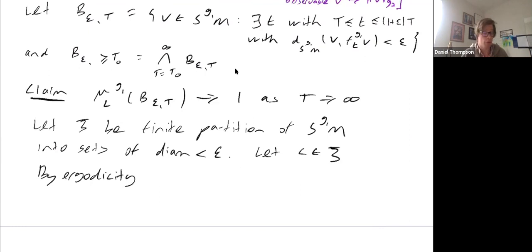By ergodicity, which we got from the Hopf argument, is again absolutely key, there exists a set Z with full measure.